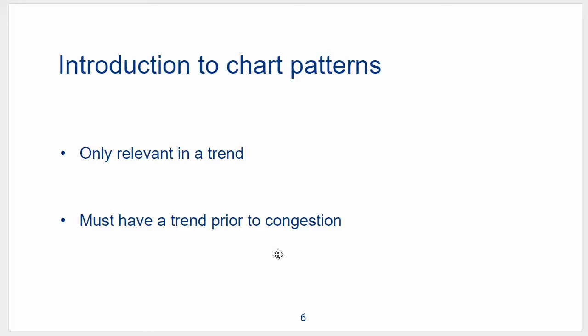So we must have a trend prior to any of those congestion areas, to any of those patterns forming. And yes, the head and shoulders pattern is one of these patterns, just as the symmetrical triangle is. Always important, and never forget that you are really flirting with danger if you think you're going to trade a pattern that you identify that's formed without a prior trending price action.